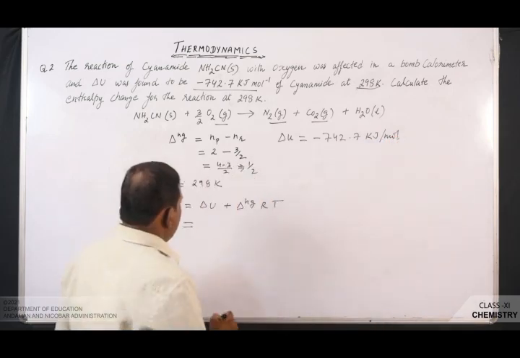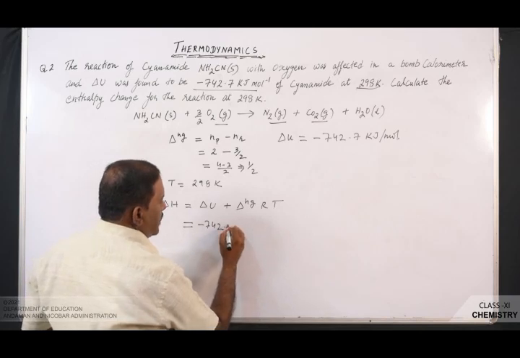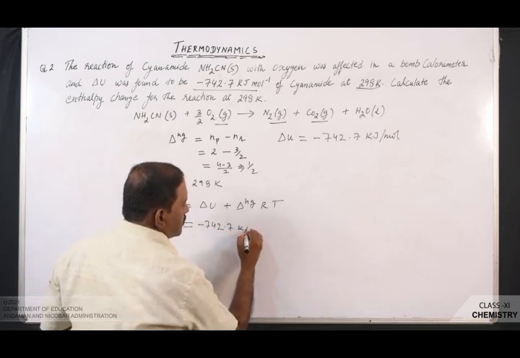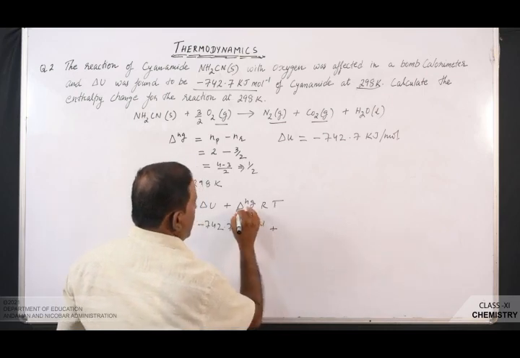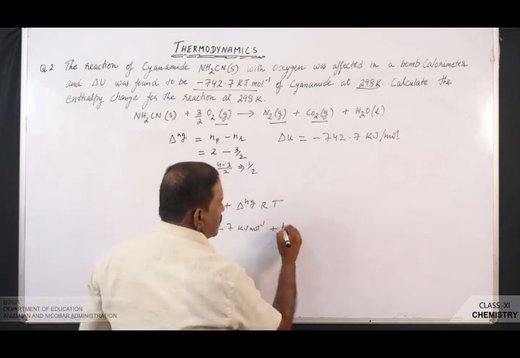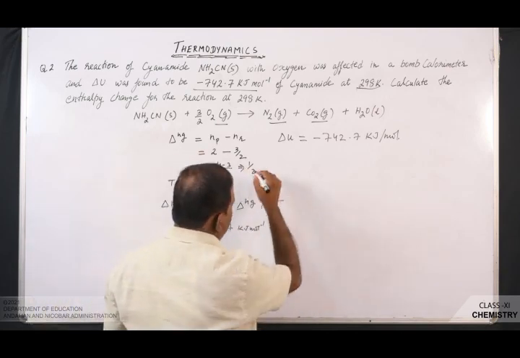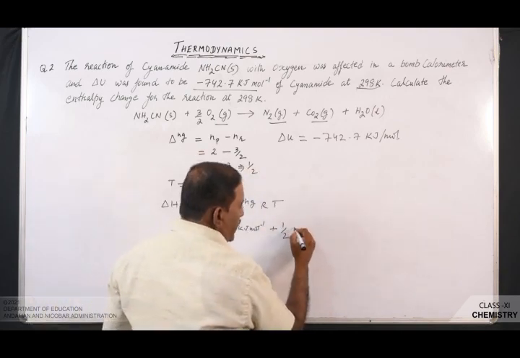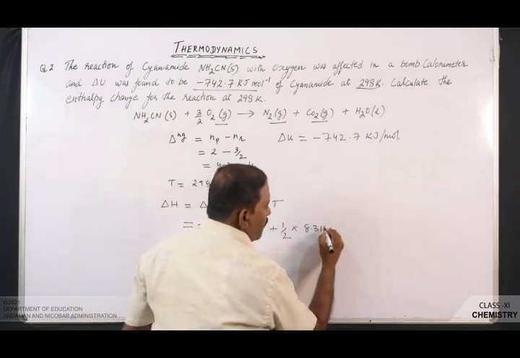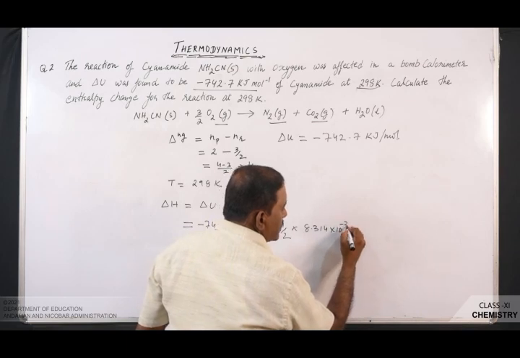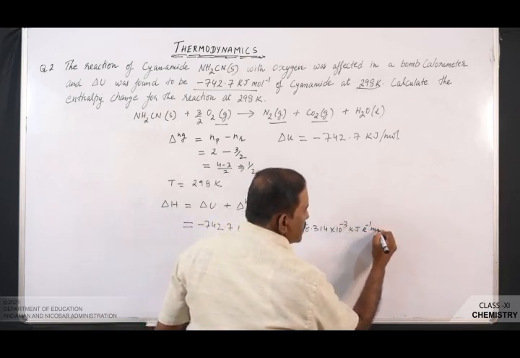So minus 742.7 kJ per mole plus 1 by 2, that is the total number of moles, into R, which is 8.314 into 10 to the power minus 3 kJ K inverse mole inverse.